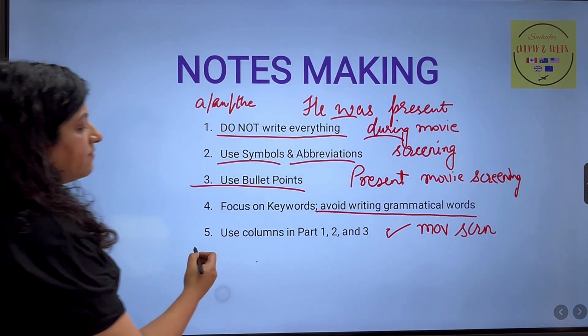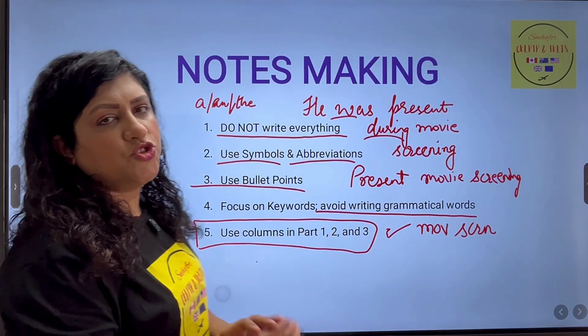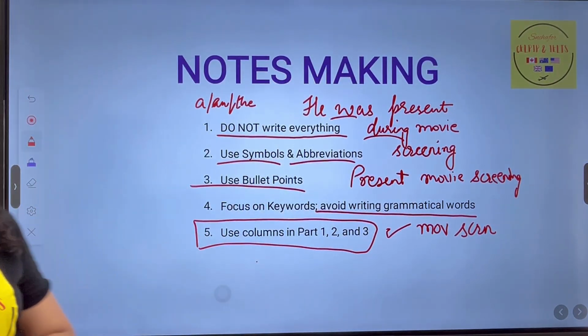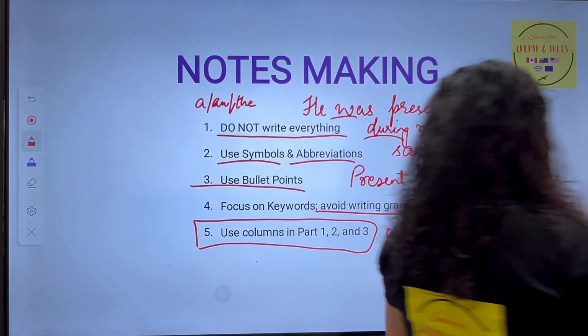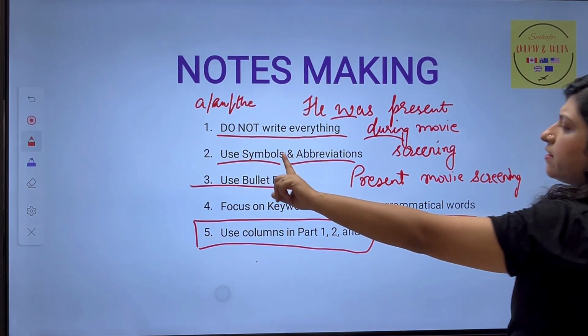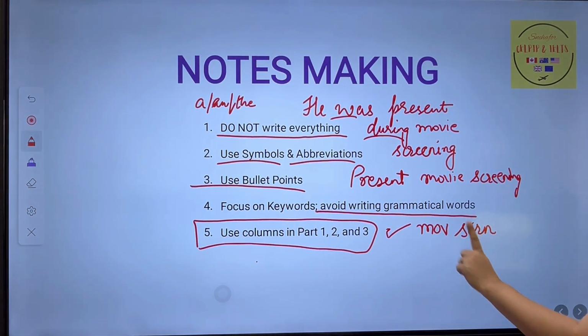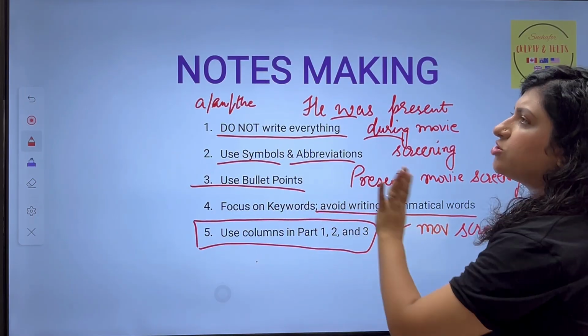And in part 1, 2, 3, we generally use columns for note making. I'll come to part 1 and then I'll explain how we exactly do that. So please remember, do not write everything. Use bullet points, focus on keywords, avoid writing grammatical words, use columns, and make use of symbols and abbreviations wherever possible.